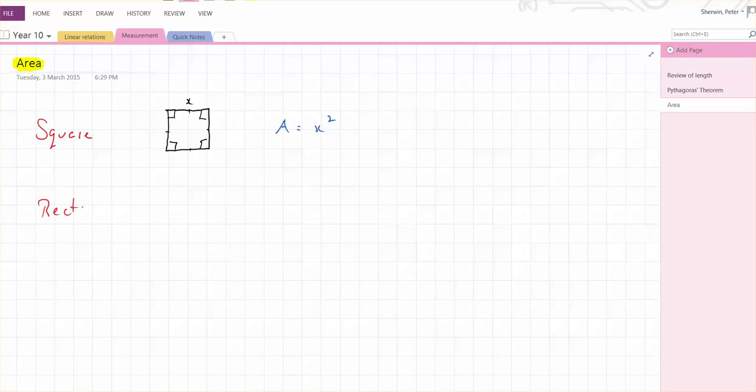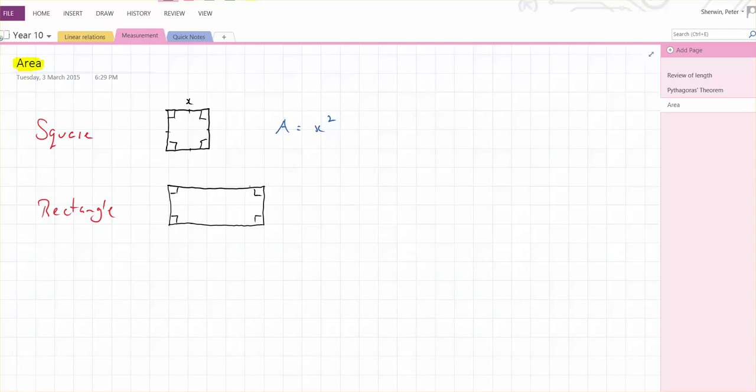Rectangle, so a quadrilateral with right angles, but with two pairs of equal sides. It's a rectangle, right angles in those spots there.